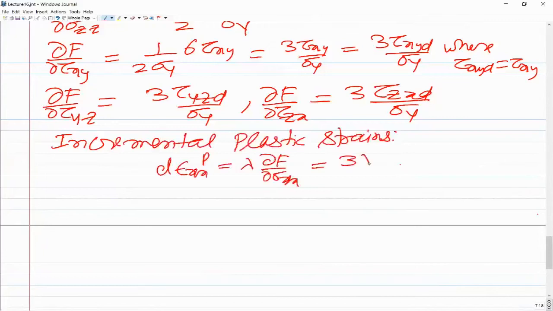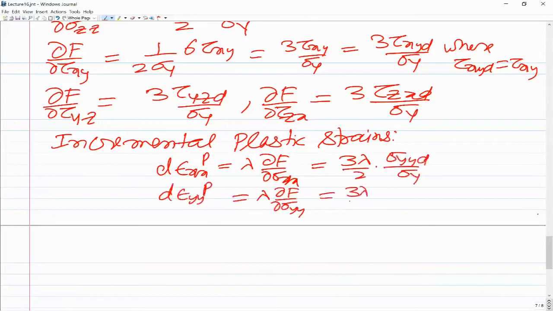So we can write it as 3 lambda upon 2 into sigma xxd upon sigma y. Similarly, d epsilon yyp will be lambda times del f by del sigma yy, that would be 3 lambda by 2 into sigma yyd upon sigma y.